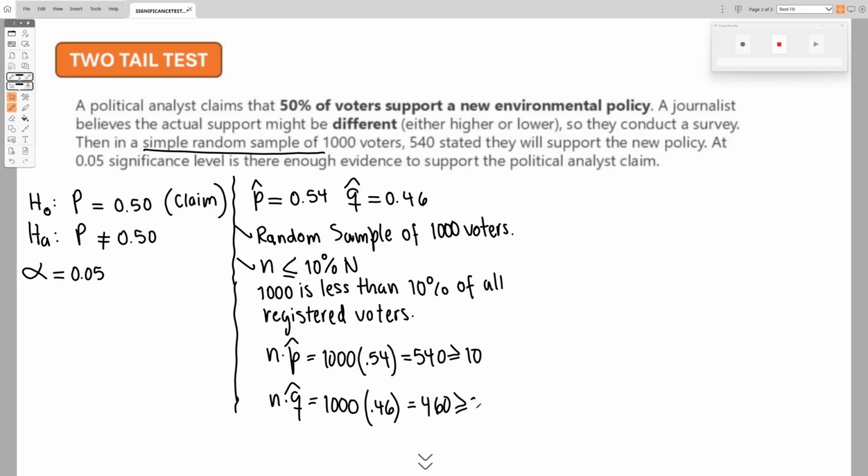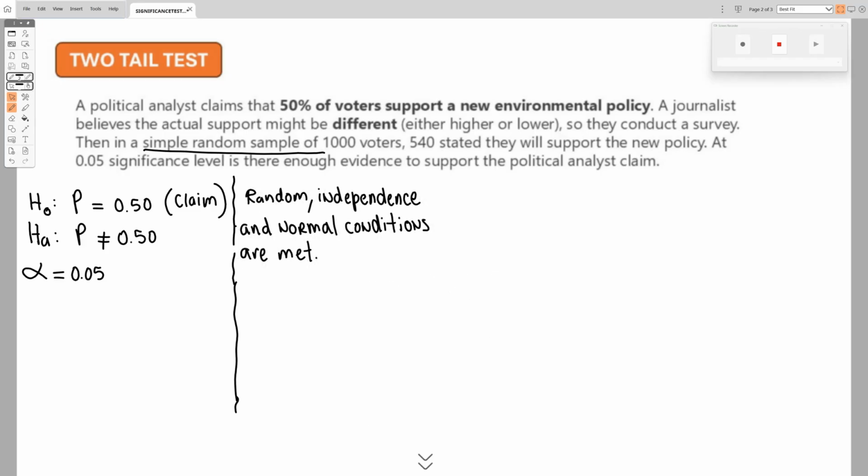Since the product of the sample size and p-hat and the sample size and q-hat are both greater than or equal to 10, the sample is large enough and approximately normal. Random, independence, and normal conditions are met.